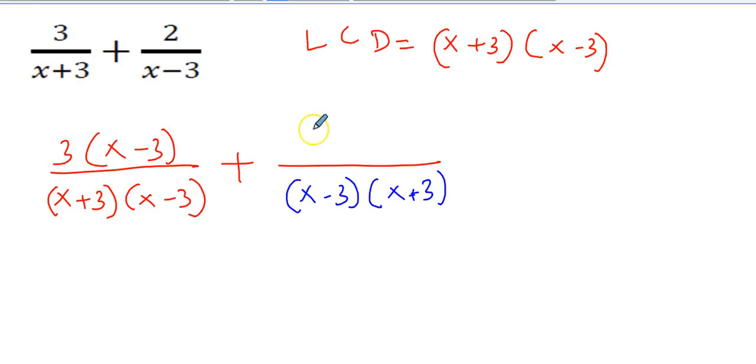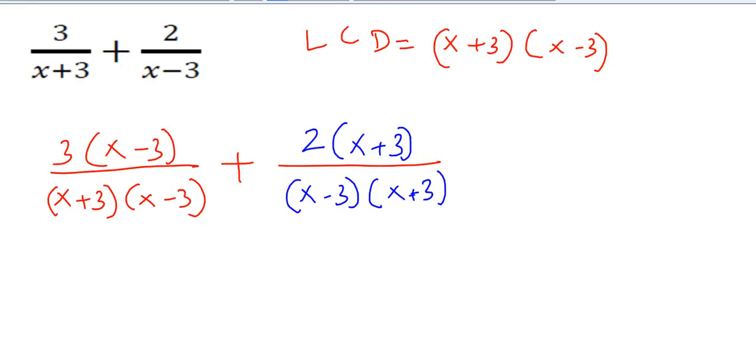Now on the numerator, I have 2. So the 2 I should multiply by x plus 3. Right? So x minus 3 is multiplied by x plus 3, so 2 is also multiplied by x plus 3.